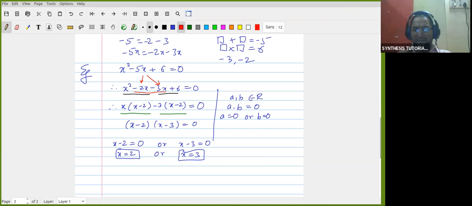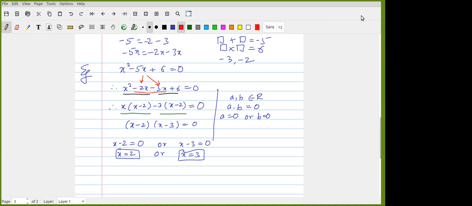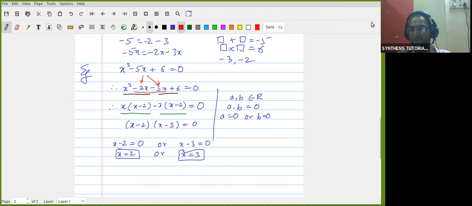Okay. So now from x square and minus 2x, what can I take common? I can take x common, right? So now from x square and minus 2x, I can take x common.